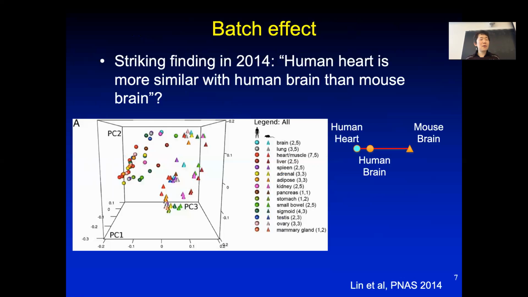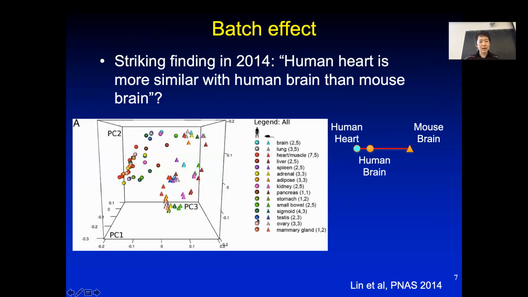One example of that is a striking finding in 2014 published in PNAS, which says human heart is more similar to human brain than mouse brain. Basically, in this experiment, the study took different tissues from human and mouse. You can see here are the samples.